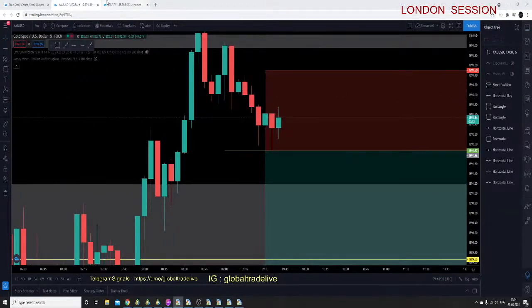Pulak, there is nothing in GJ right now, as GJ is just consolidating. 15-minute candle is about to close here in gold.